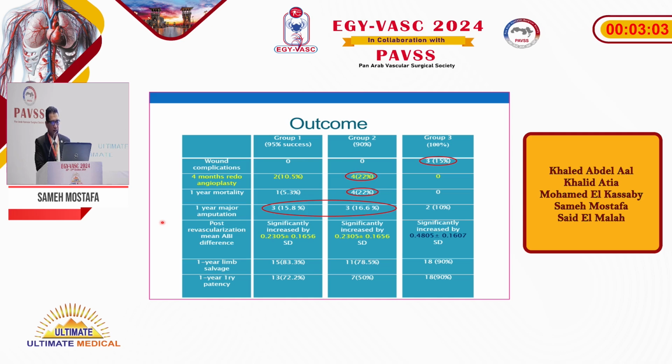However, all these numbers proved to be insignificant. The only significant results in this study were the 1-year primary patency, proving that surgery is more durable, and the increase in the ABI, proving surgery gives more foot perfusion. However, the 1-year limb salvage was found the same, with no significant differences between the 3 groups.